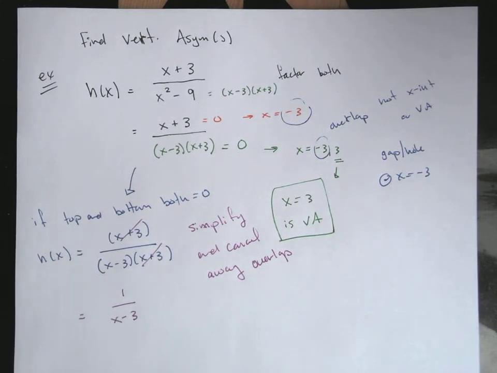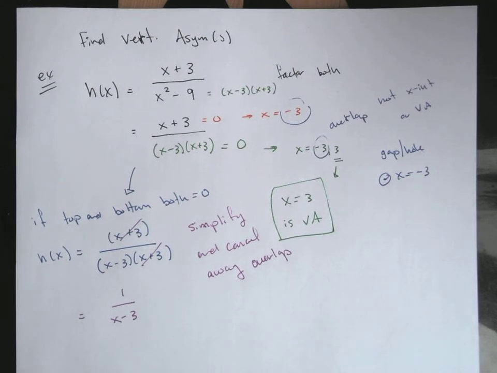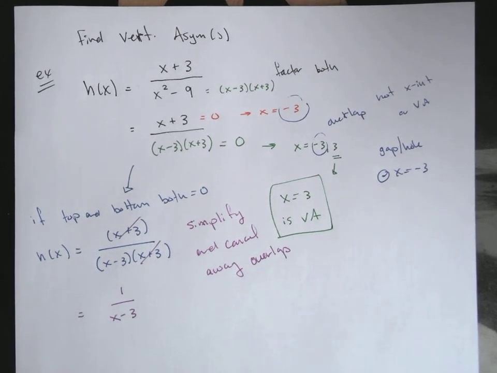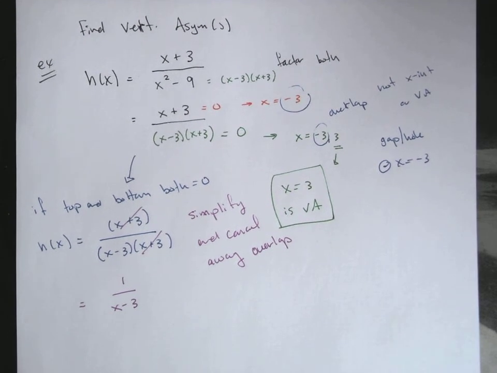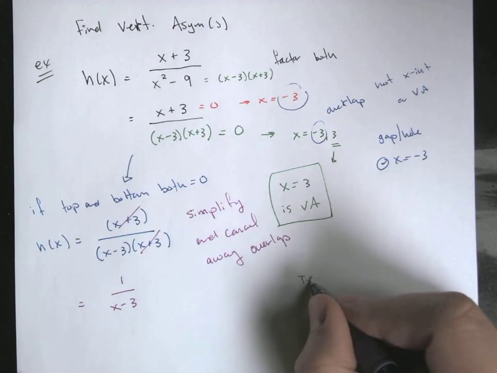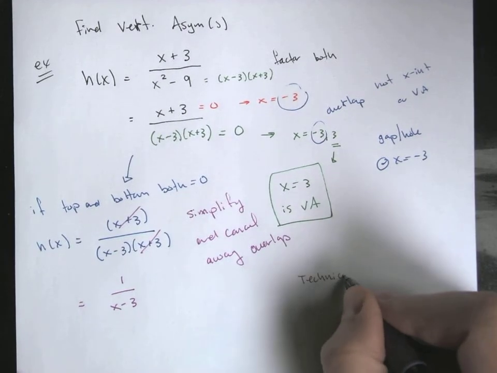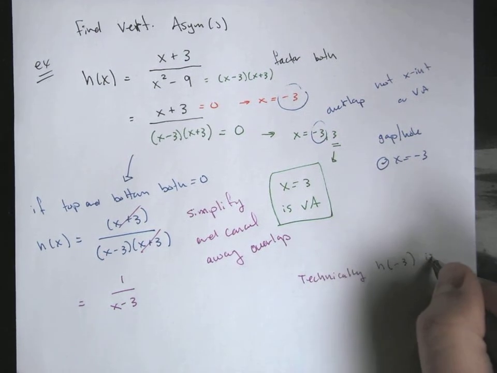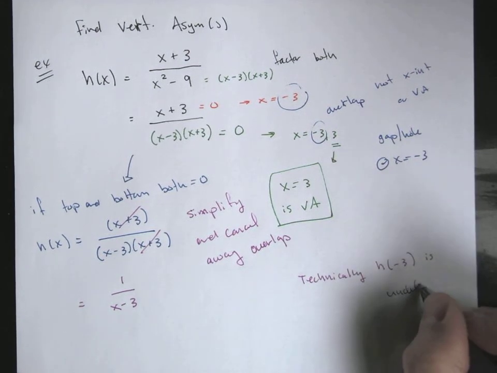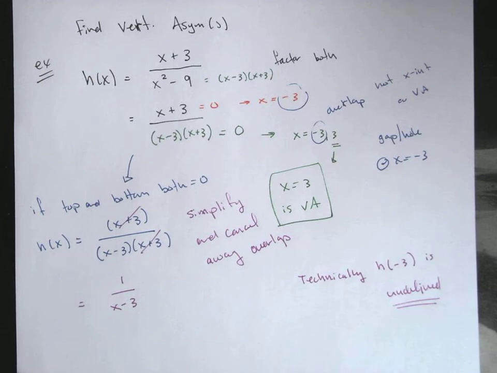Now the catch here is that's not the same as the actual original function. The original function has both of those things, and so if I do try to put a negative 3 into the original, it's going to make the denominator 0 and give me an undefined value. So technically, h of negative 3 is undefined.